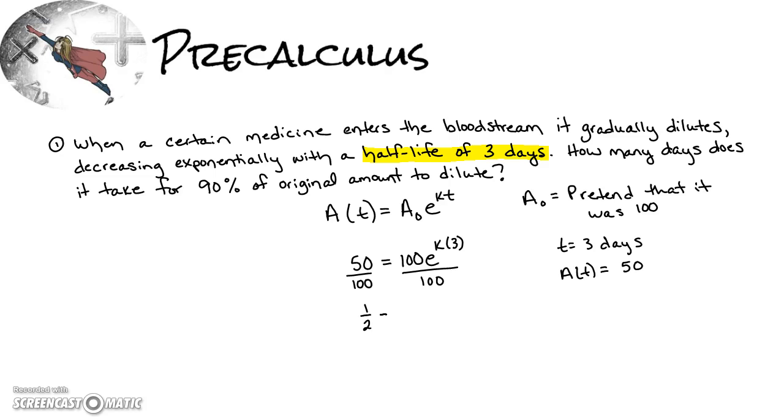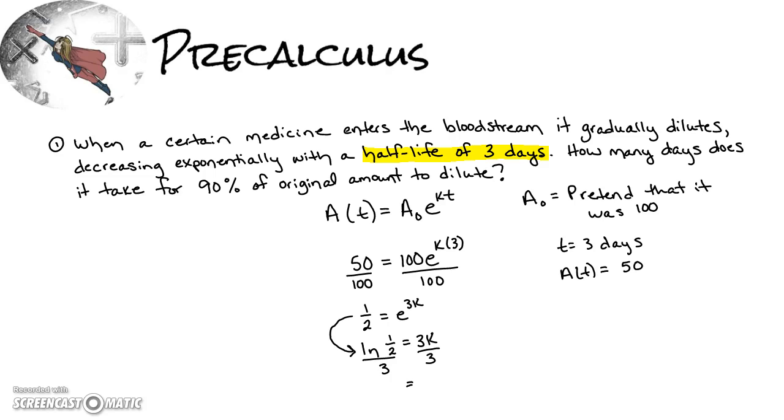So 1/2 equals e to the 3k. Then I need to use a logarithm. I'm going to do the ln of 1/2 equals 3k. So that part is just changing the exponential into logarithmic form. And then if I divide both sides by 3, this is going to give me k.